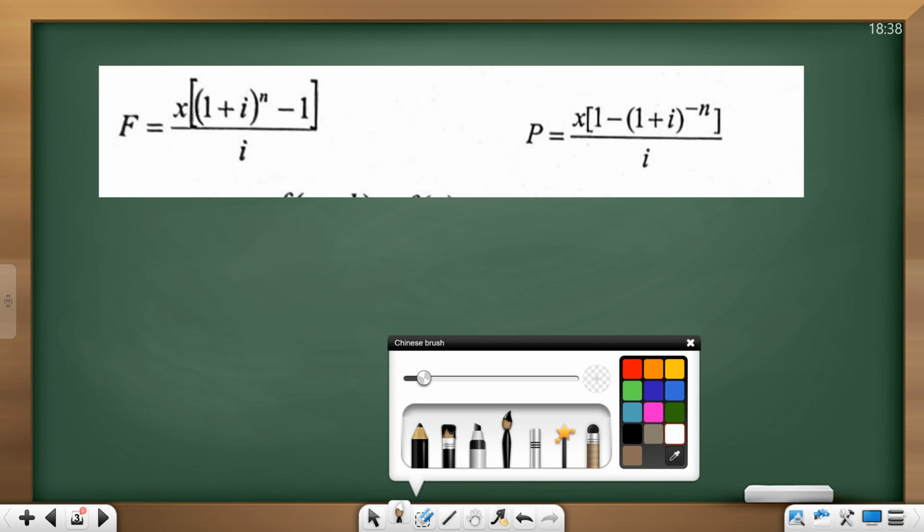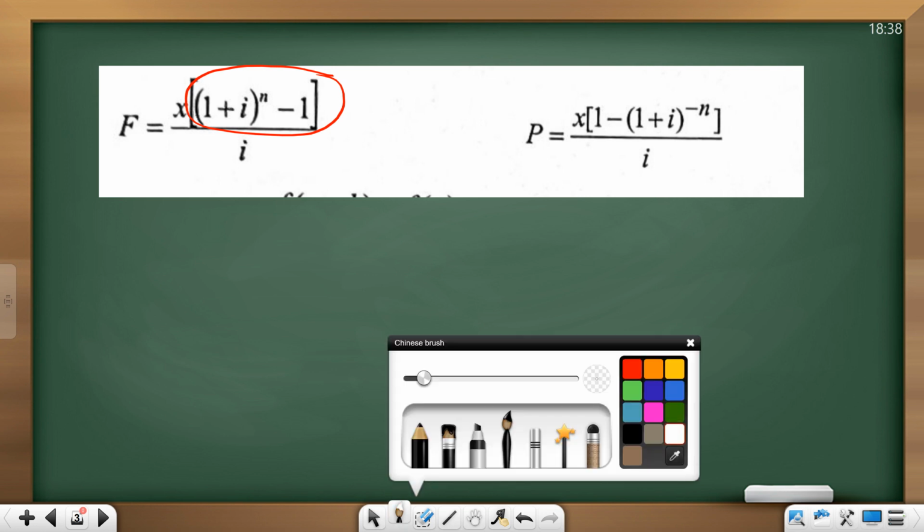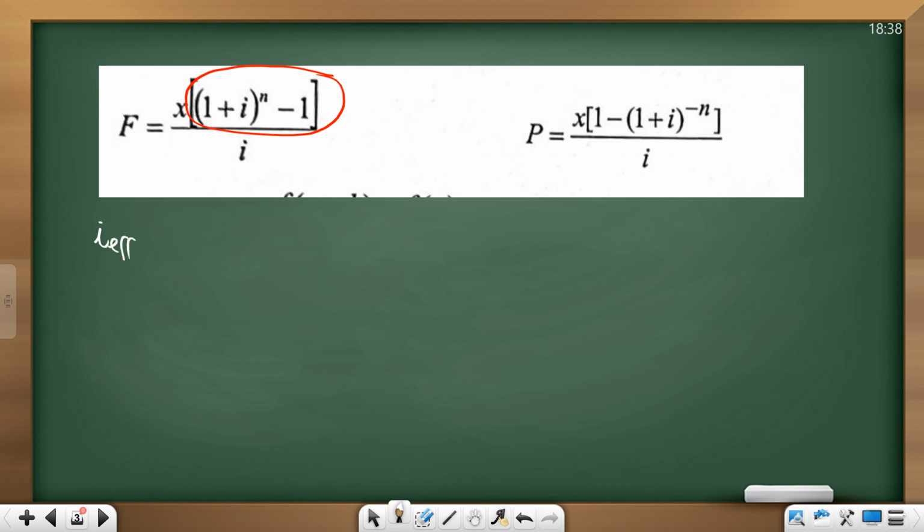This is your effective. So EFF equals 1 plus i. Remember, once I say interest, if it's compounded monthly, then it makes sense. I come here and say to the power n, minus 1. Exactly the same thing. Then don't cram it. It's right there.